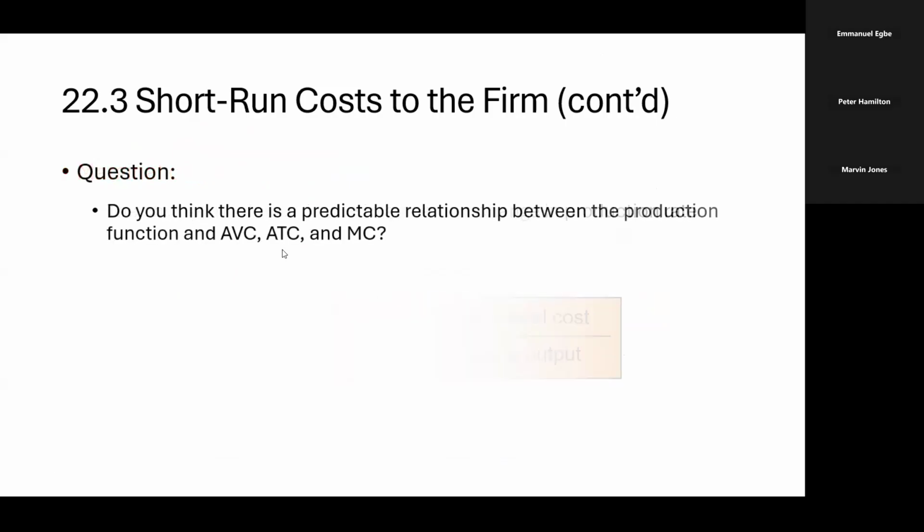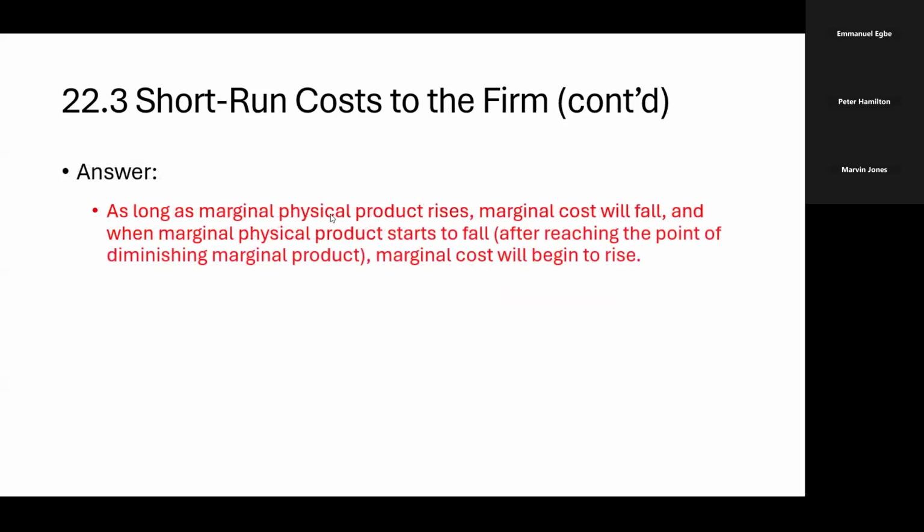Okay. Now, as long as marginal physical product is increasing, that is, the productivity of labor goes up, then marginal cost will fall, and average cost will also be falling.